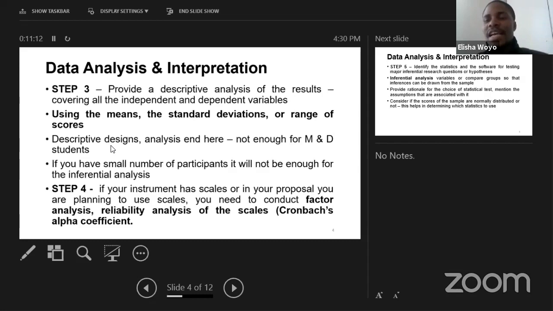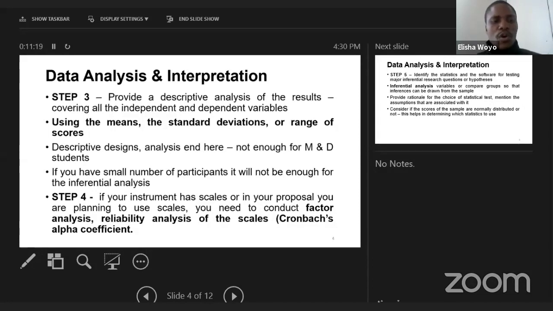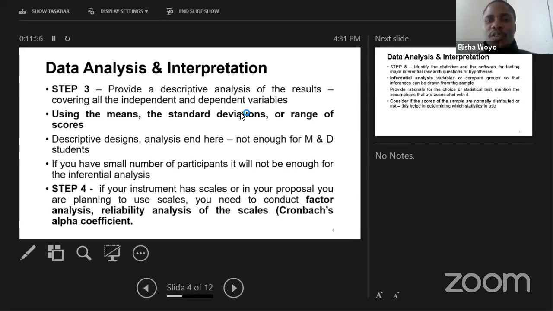So normally, if in your study you have only generated the means, the standard deviation, and many aspects around that, then it would mean that you are simply focusing on the descriptive results, and descriptive results are not very good results, because you are simply describing what you have obtained, and they don't give us so much information for people who are doing quantitative research at a higher level, like at a postgraduate level.